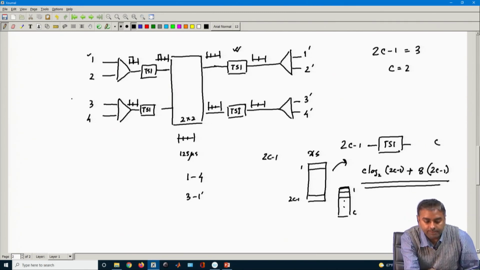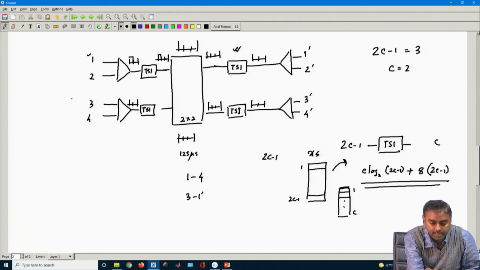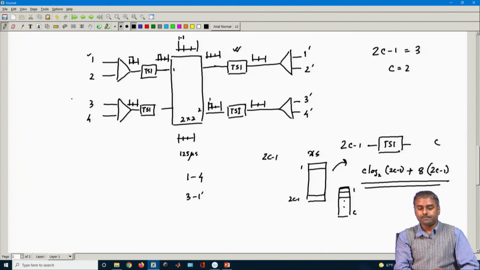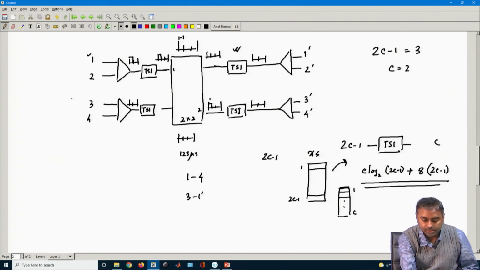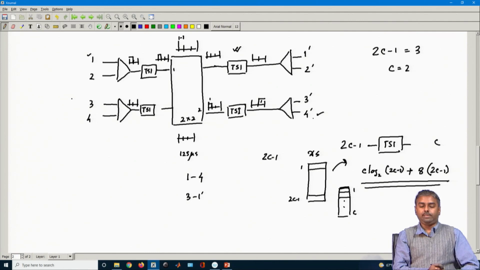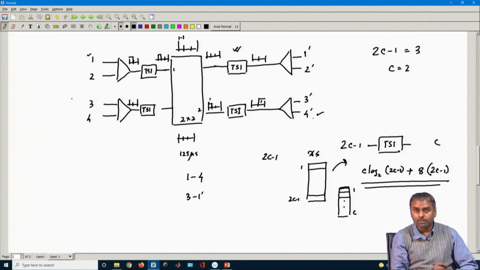So, if I put it in the first slot, at the first slot of this configuration I can do this 1 to 2 configuration, and I can put it over here. So, the data of 1 comes over here. Okay. Now, I have to put it in 4 dash, so I do this swapping. Once data comes over here, that comes from here. Good, very good, no problem with that.